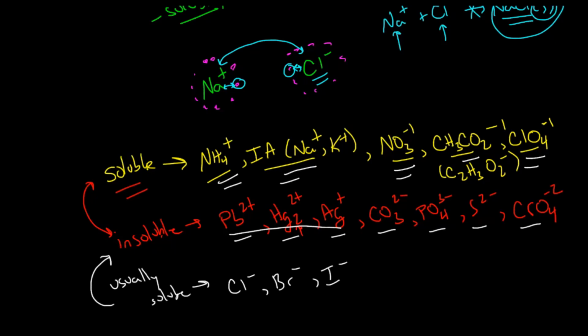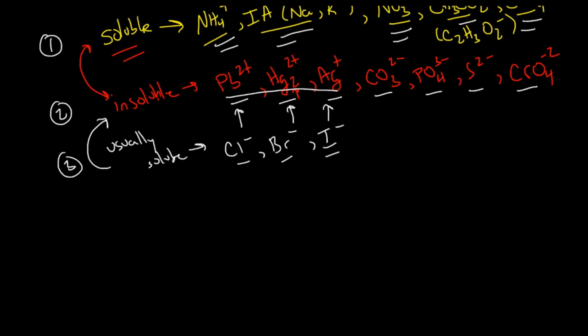And then our halides, chloride, bromide, and iodide, are normally soluble, but if they're partnered up with lead, mercury, or silver, they will be insoluble. So we have a priority list here. The soluble gets the first priority, the insoluble gets the second priority, and the usually soluble gets the third priority. Let's see a couple examples of this.